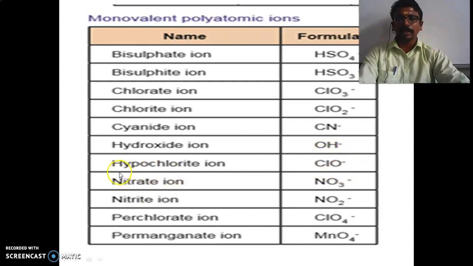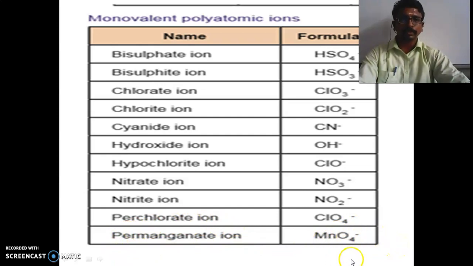Next is nitrate. The nitrate formula is NO3-. For nitrite, it is NO2-. Next is perchlorate. The perchlorate formula is ClO4-. For the permanganate ion, the formula is MnO4-.